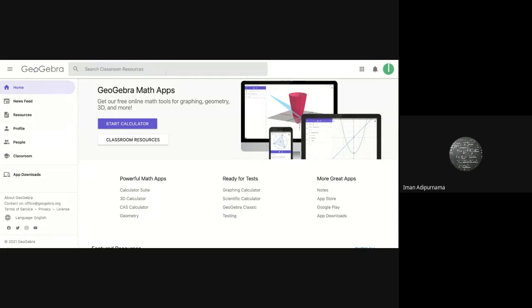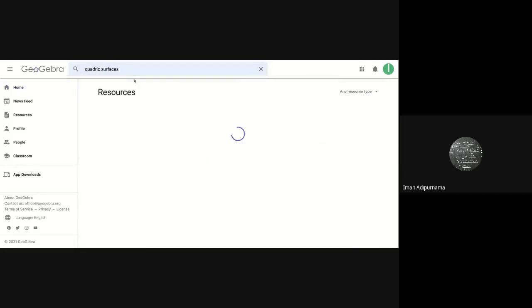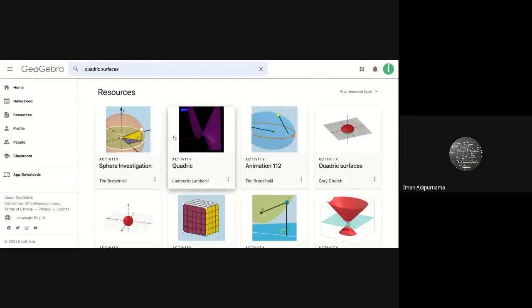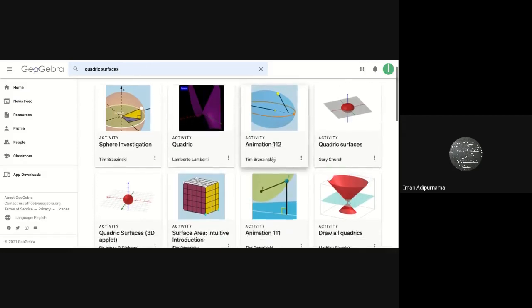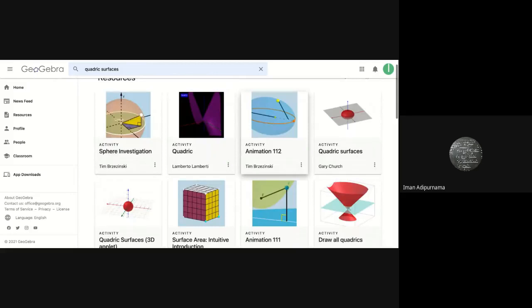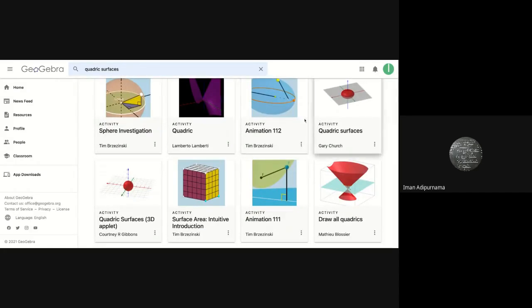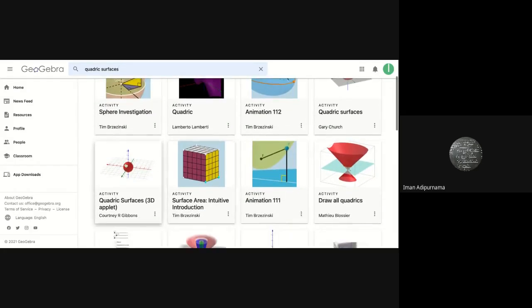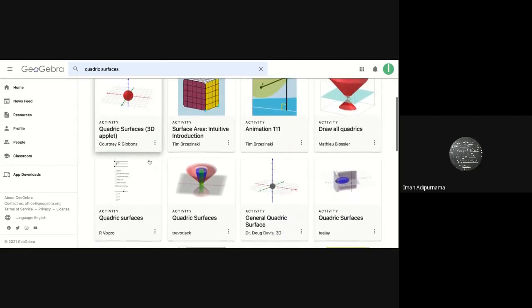Okay, so let's write a quadratic surface. You can find resources, for example, the 3-dimension application for a quadratic surface.